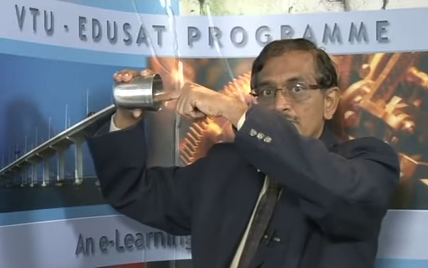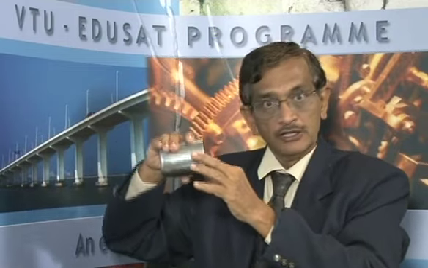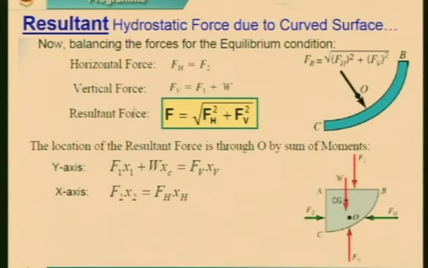Whatever depth it has is HC bar, that we will be calculating. Is it okay? So with that we will understand what this projected area is, but before that I will go to the next slide. Now you can see there are two components, the horizontal component and the vertical component. If you take the vector sum of both, it will be the square root of F horizontal square plus F vertical square, the total resultant force.